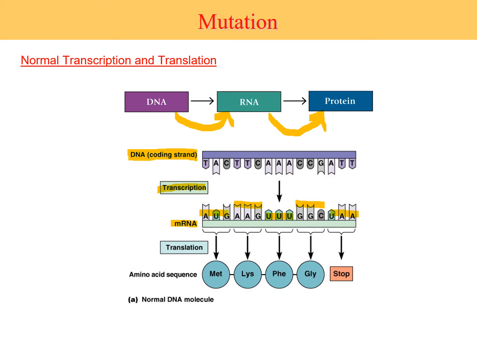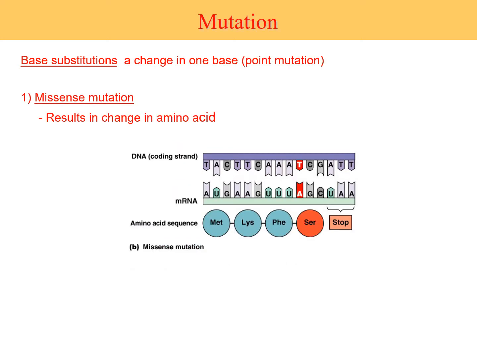In the next slide, we have an example of an alteration in a codon. Just keep your eye on this. That C was changed to a T due to a mutation when this particular DNA was copied or replicated, and that results in a change in a single amino acid.